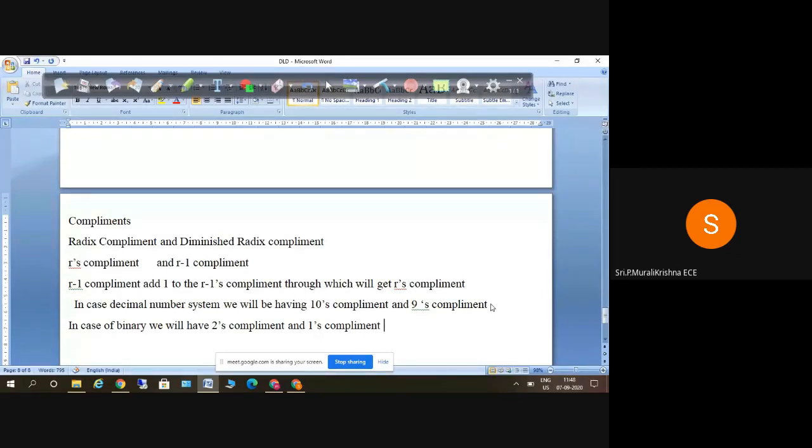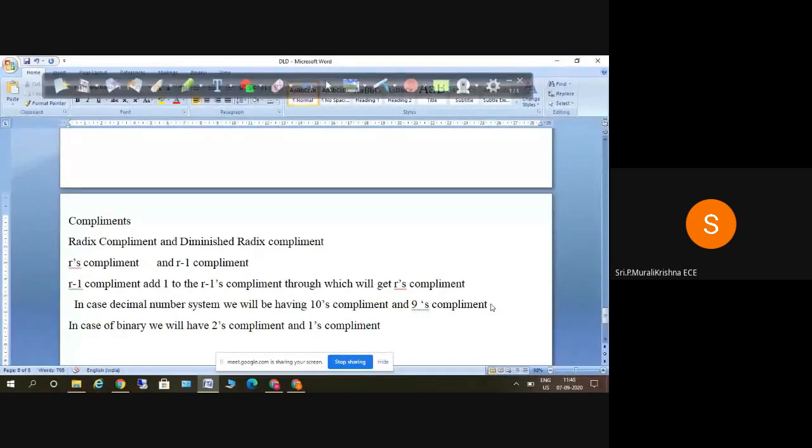In a similar way, for the hexadecimal number system, we'll have 16's complement and 15's complement. So we have r's complement and r minus 1's complement. Octal will have 8's complement and 8 minus 1, that's 7's complement. So that is what we'll have in the case of these number systems.